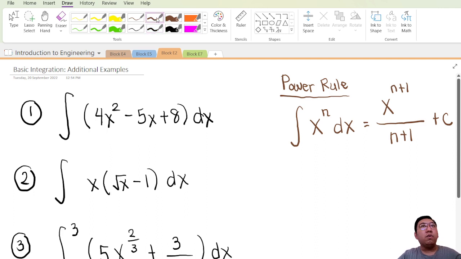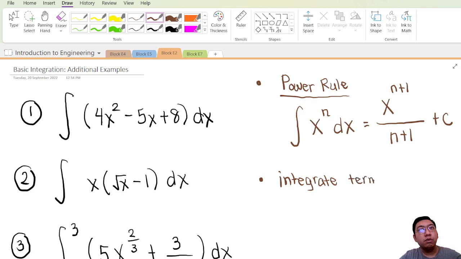One of the things that you have to take note of here is you have to do integration term by term. Okay, term by term. So there's no bulk integration. So you have to perform the power rule for each of the terms that you find here in the problem.